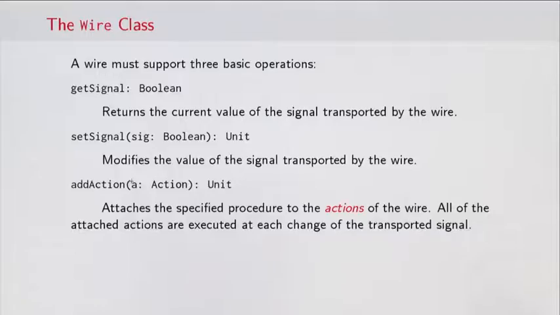That modifies the value of the signal that's transported by the wire. And finally, there's a third method called addAction, which lets us add an action to be performed every time the signal of a wire changes. Here the idea would be when the signal of a wire changes, then certain things should happen. The things that should happen can be installed, so to speak, with a call to addAction.